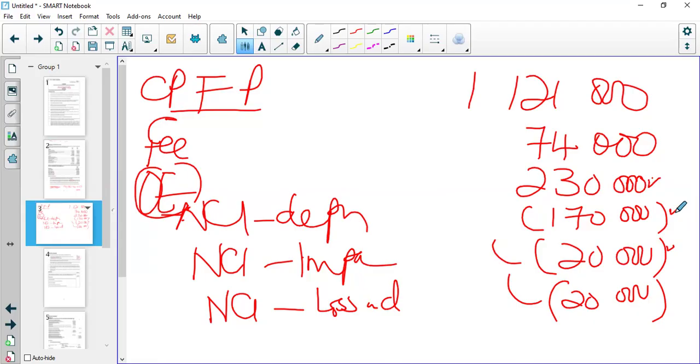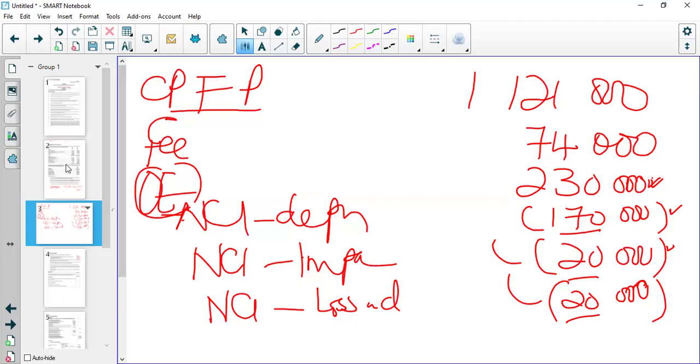So we have to add them back to the profit. But with the direct method, we are just looking for actual amounts of cash paid. So we have 230, but we subtract these because they were not paid in cash. With profit before tax, we start by adjusting the profit first. So we add backwards, right? But it will yield the same answer, but you need to be aware of that.